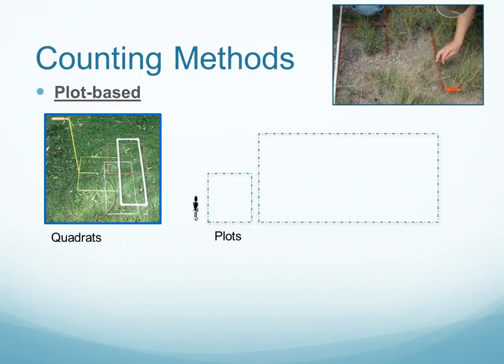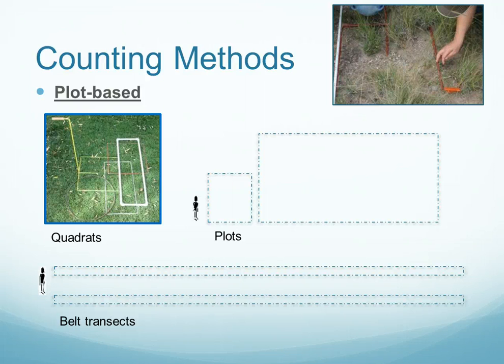These are usually established using transect tapes, and then usually you can stake the corners and sometimes leave the tapes in place to have a temporary edge to your plot. They can be variable sizes and also shapes. And when we're measuring density, sometimes if we want our plot to be very long and relatively narrow, we have a special term for those. We call those belt transects.